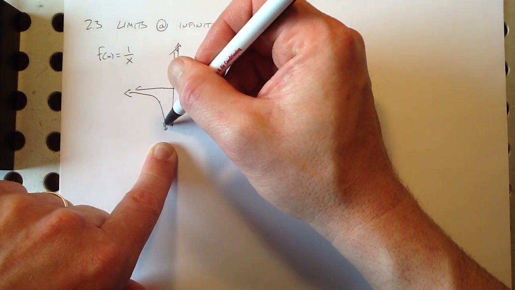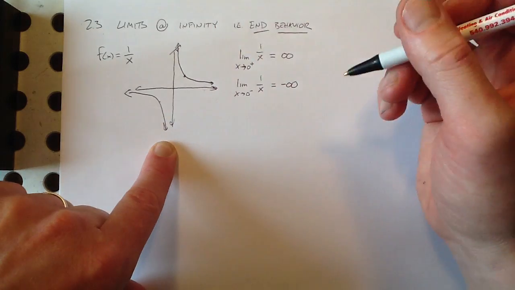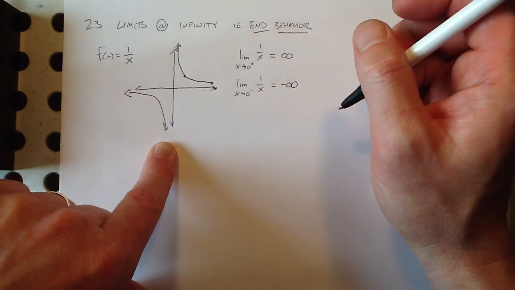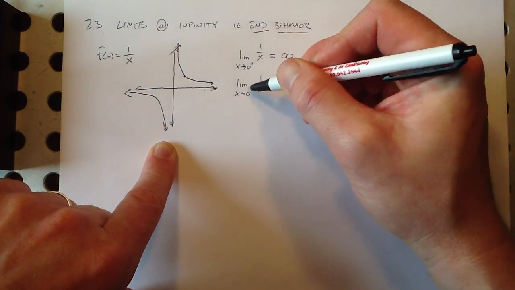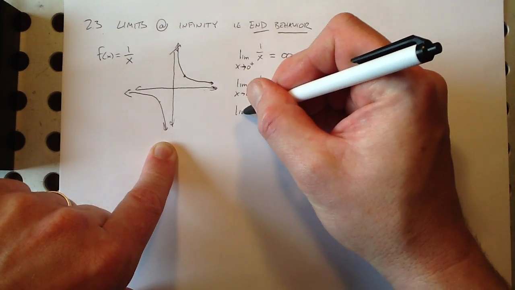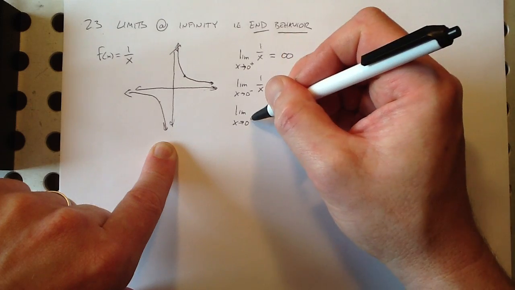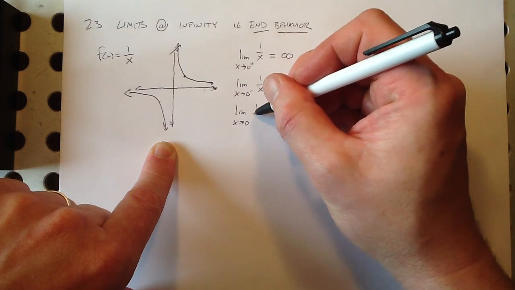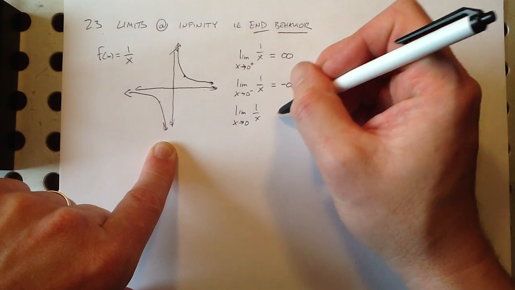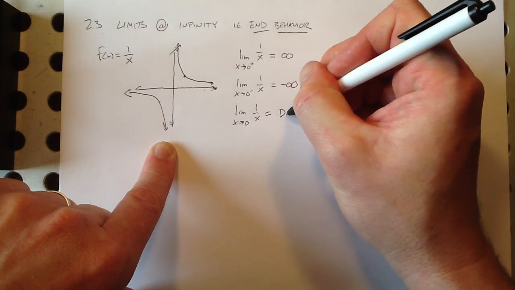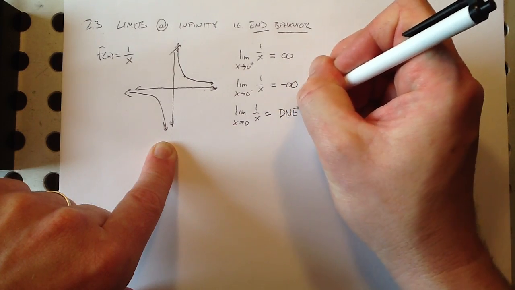Likewise, we can see in the graph how it's plummeting down to negative infinity there. And since these are different on either side, we would have to say that the limit as x approaches 0, without any qualifier about what side, does not exist, since the two sides were different.